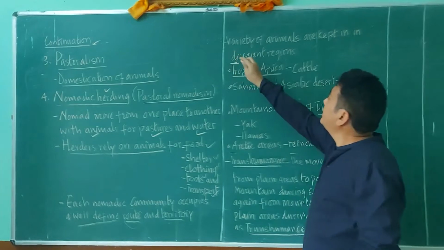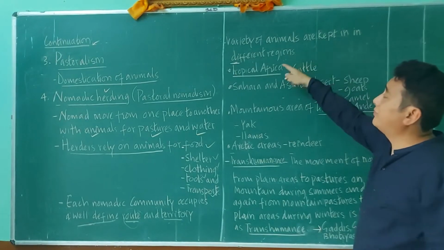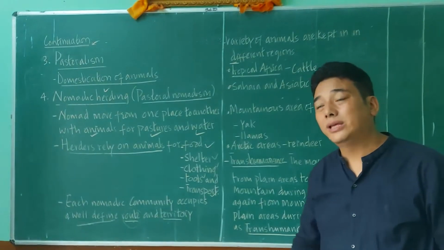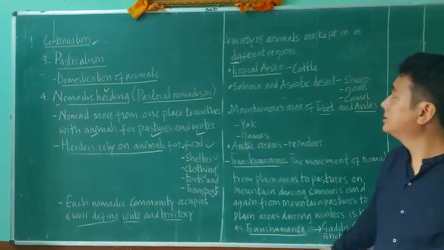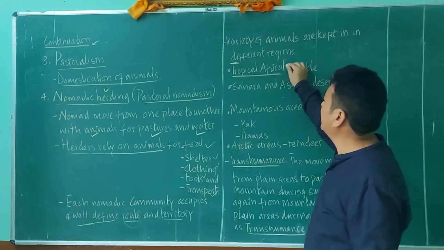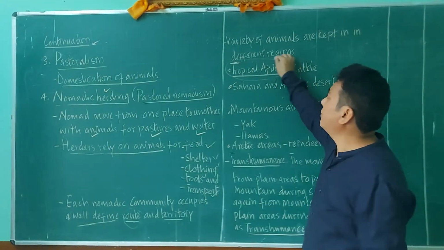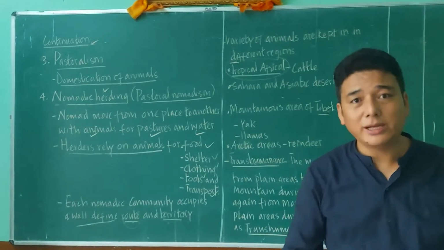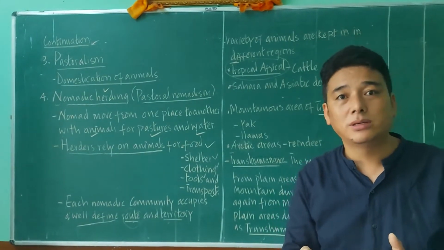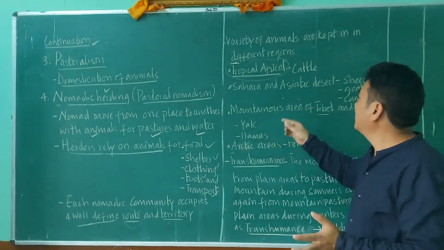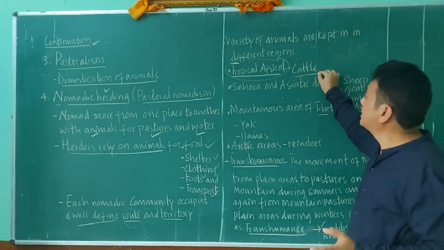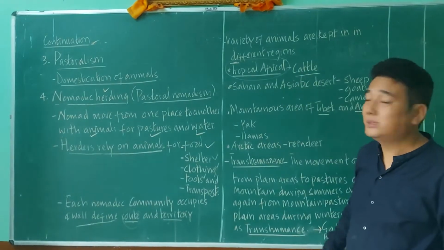A variety of animals are kept in different regions. For example, in the tropical area, which is near the equator, the important animal they keep is cattle.